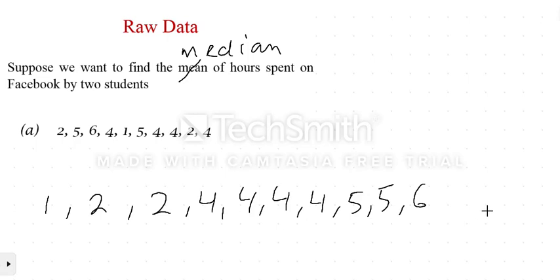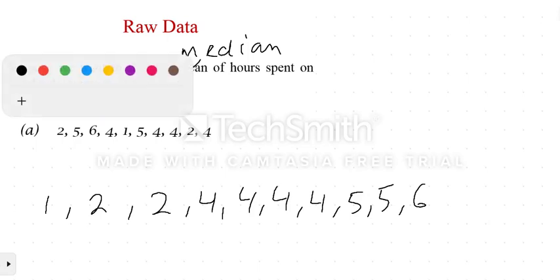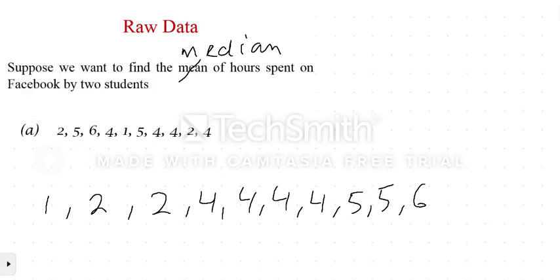To find it, we should mention the position numbers. This is the first position, second, third, fourth, fifth, sixth, seventh, eighth, ninth, and this is the tenth position.